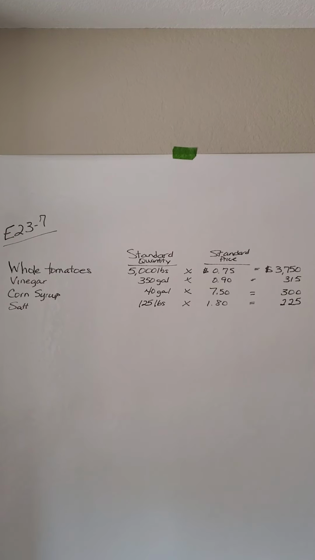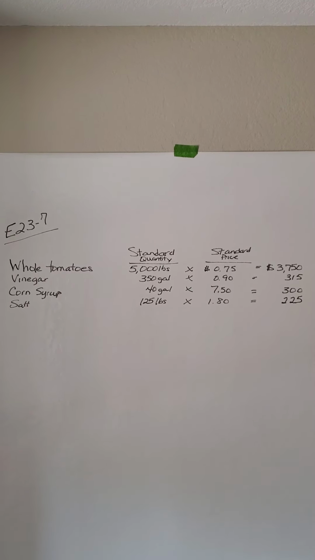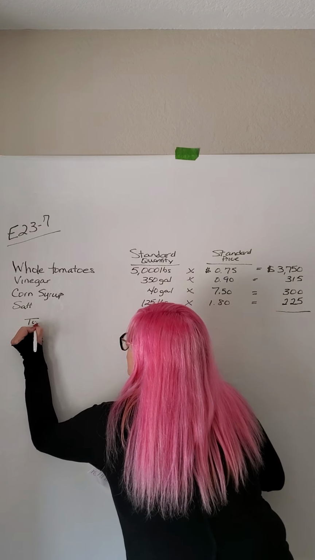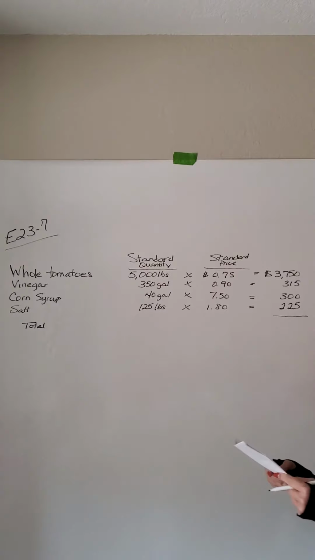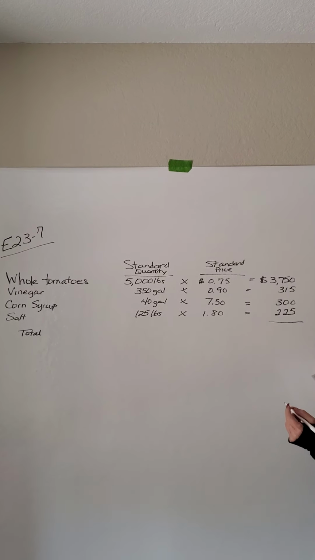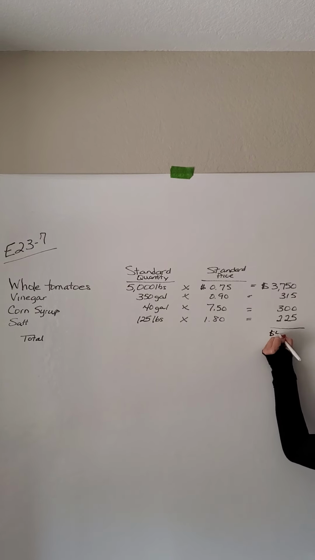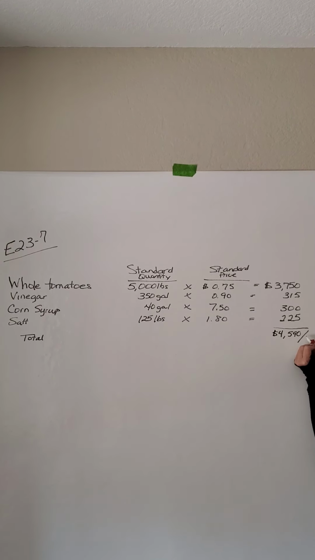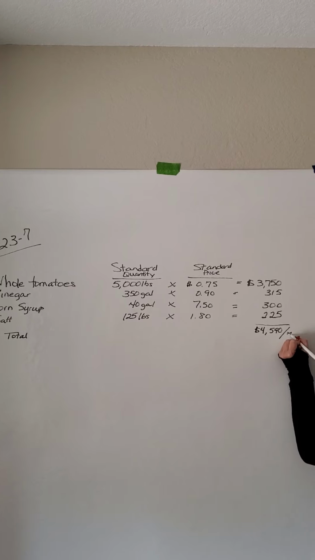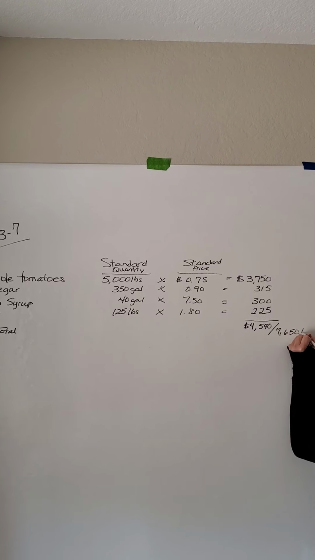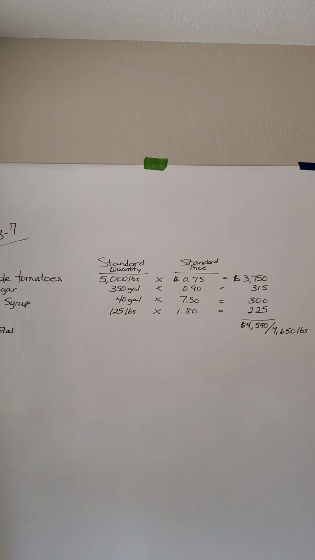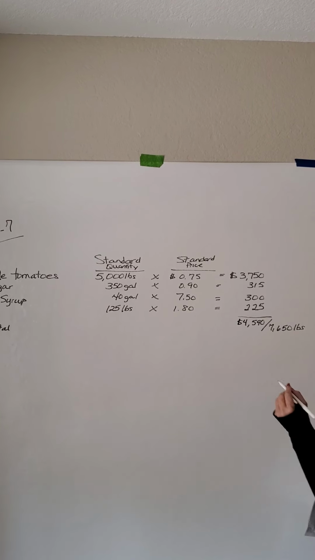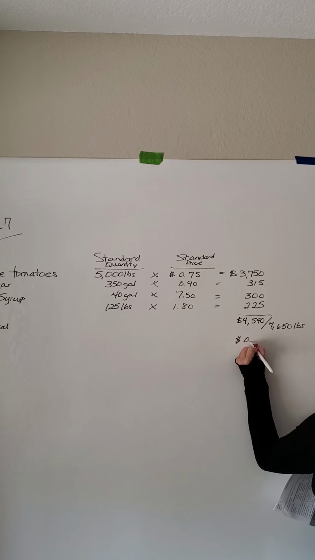And so the standard cost per batch is going to come to a total of $4,590. If I divide that by 7,650 pounds, because that is the amount of pounds, we're going to get a standard unit materials cost of 60 cents per pound.